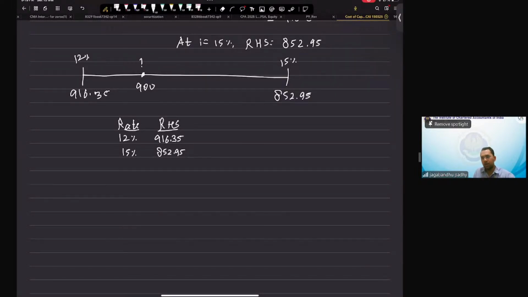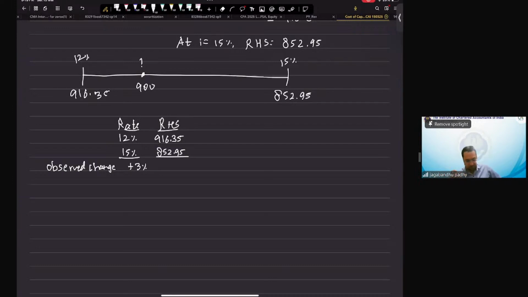A point difference is okay, Patrick. Some decimal difference is fine. So what is the change that we are observing? Observed change is plus 3%. And what is the change in the RHS?